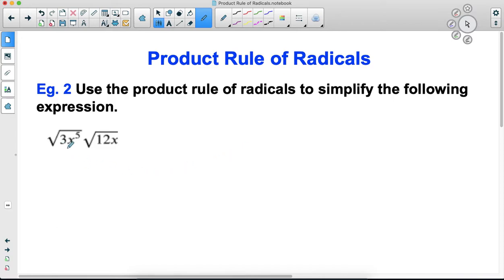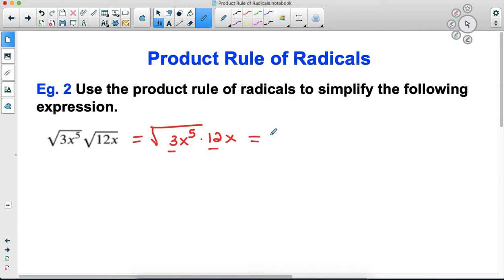The square root of 3x to the 5th times the square root of 12x. Well, now notice that here you actually have the product of two radicals, so we can rewrite this one as the radical of a product. So we can say this is the square root of 3x to the 5th times 12x. Now we're going to multiply the coefficients. So we have 3 times 12 gives you 36.